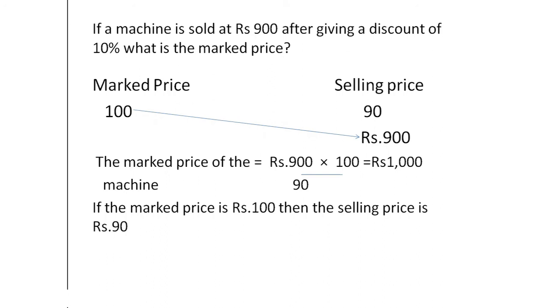So selling price is 90 rupees. They have given the selling price is 900 rupees. What should you do? The mark price of the machine is 100 into 900 divided by 90. You will get the answer 1000 rupees. And in that one, the mark price is 100, then the selling price is 90 rupees. This method is very easy.